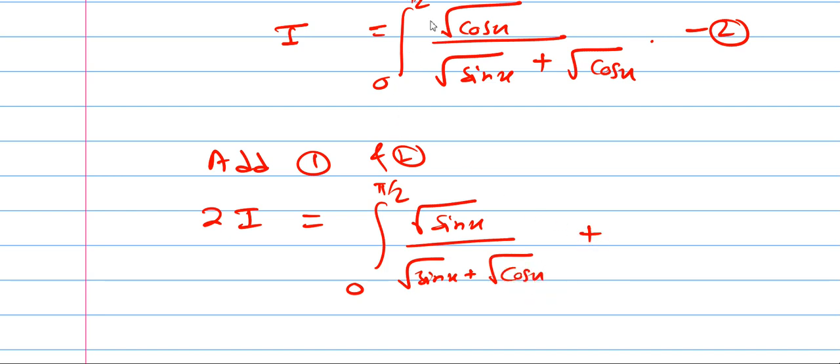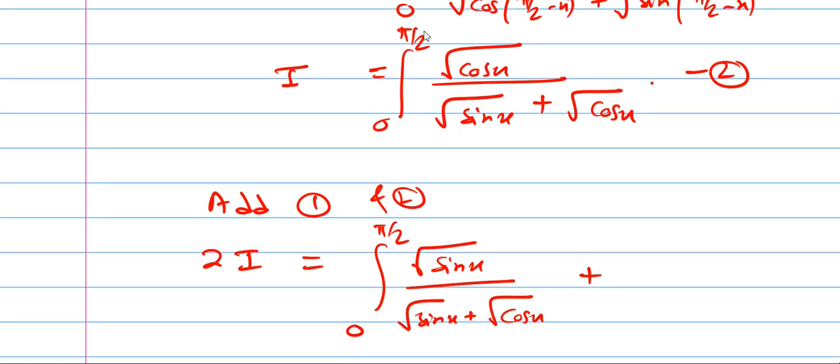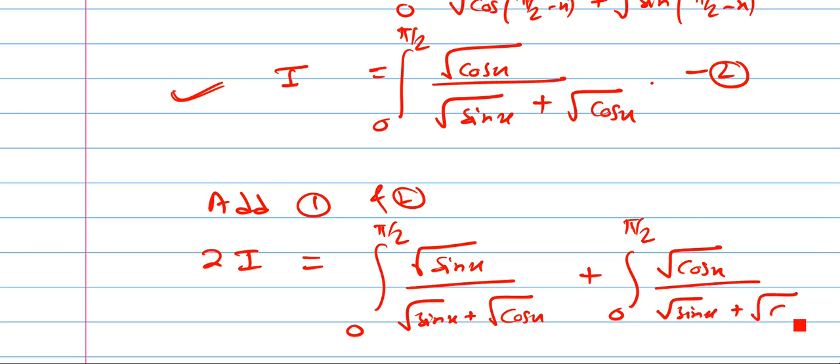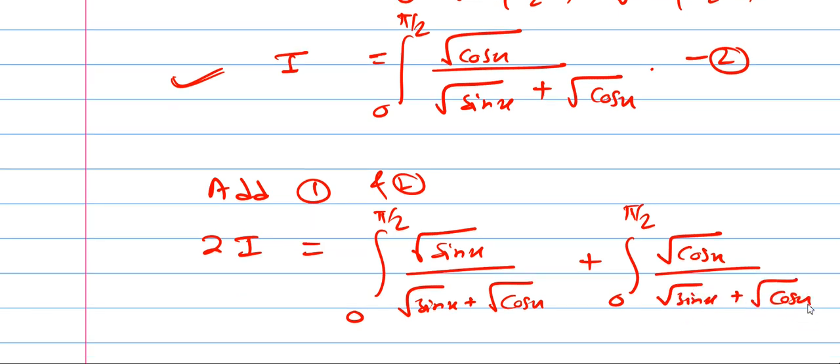What is the value of I from equation number 2? This is the value, so substitute here. So it becomes integration 0 to pi by 2 under root cos x divided by under root sin x plus under root cos x. So the denominator is the same.